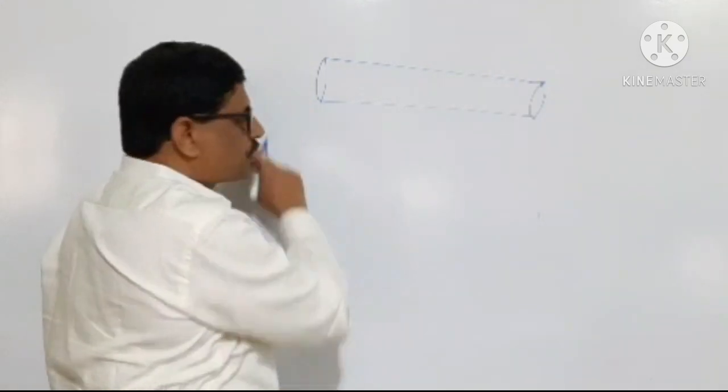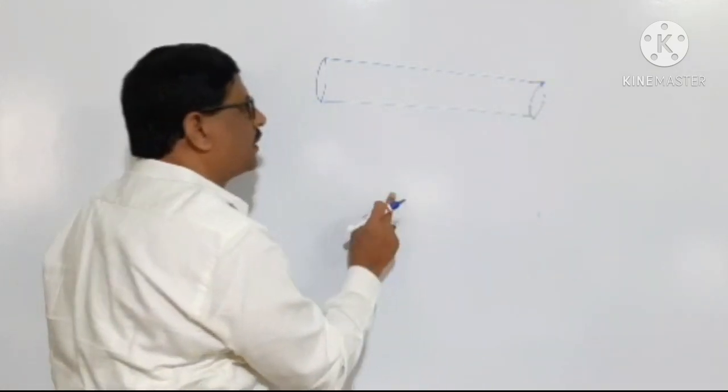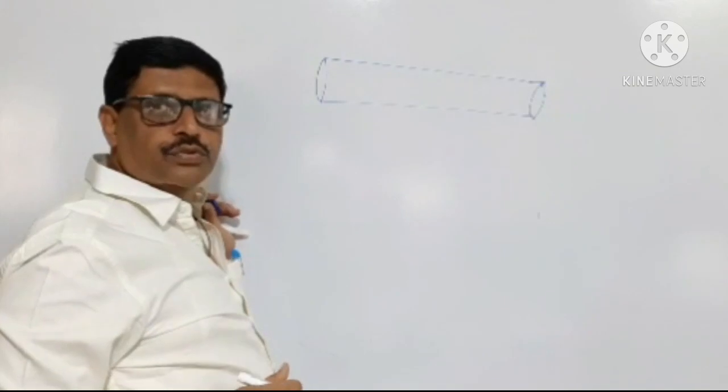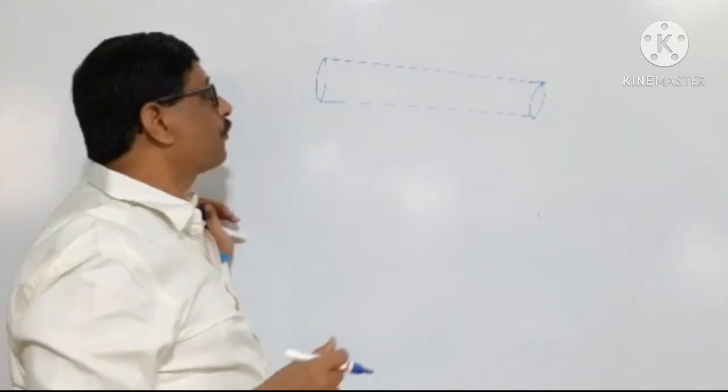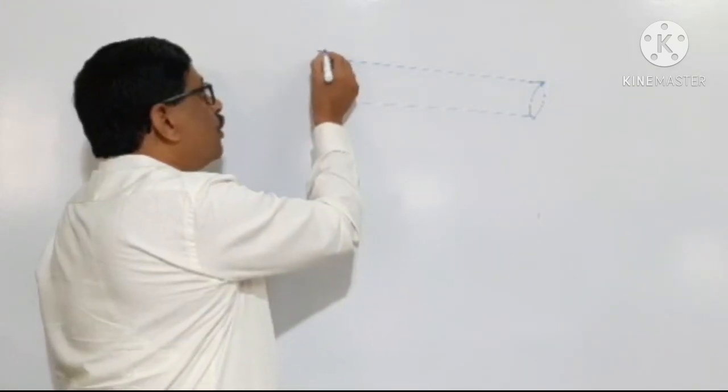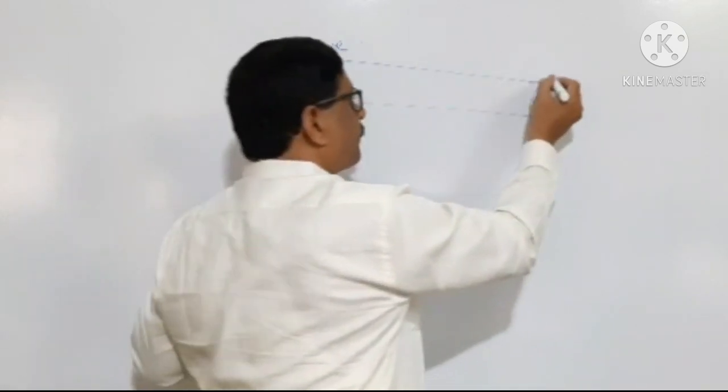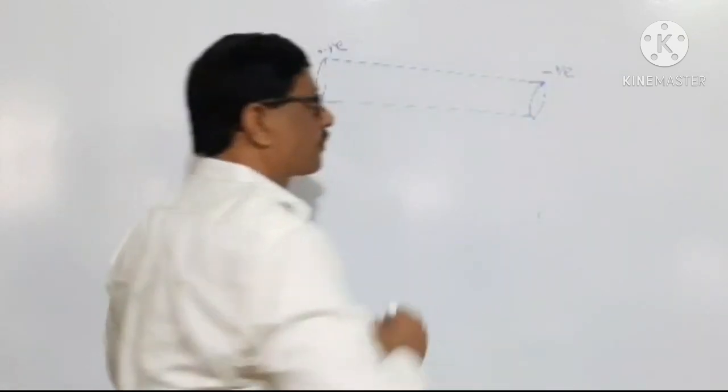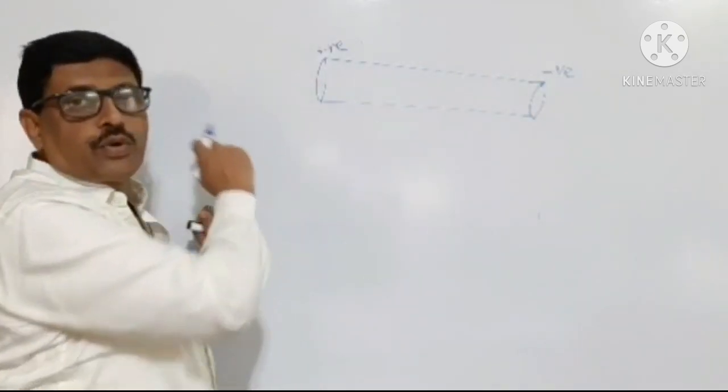When potential difference is applied across the ends of the conductor, the current will flow through the conductor because of motion of electrons from lower potential to higher potential.